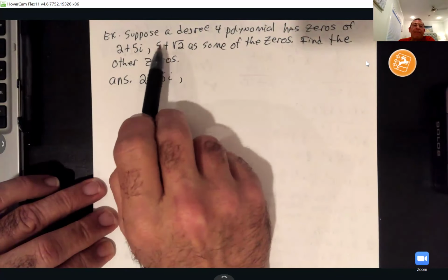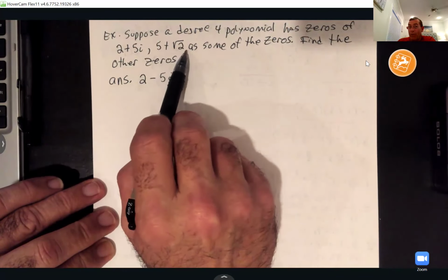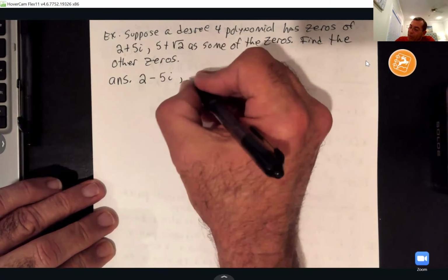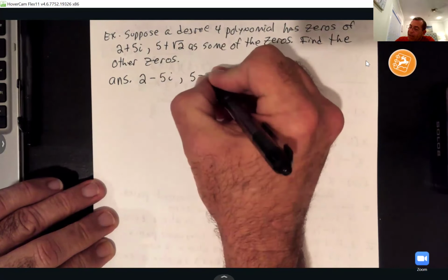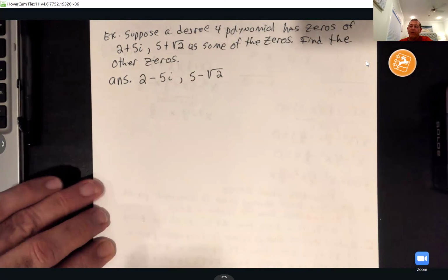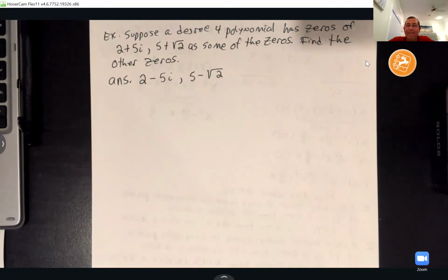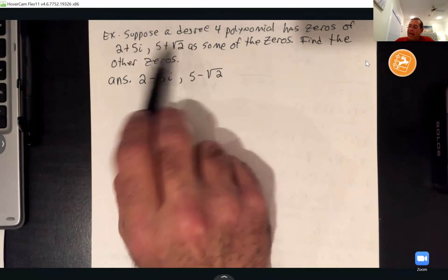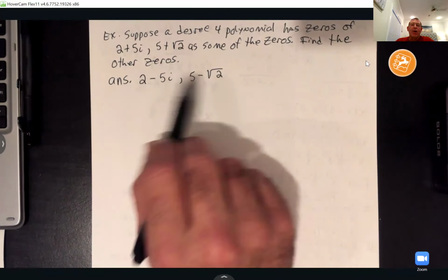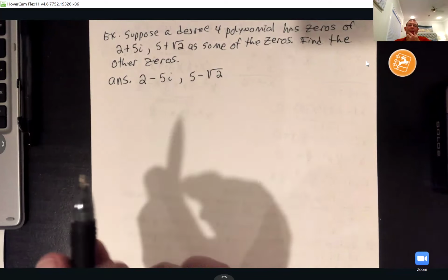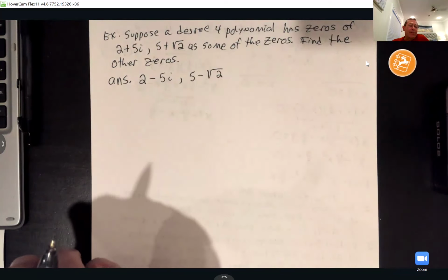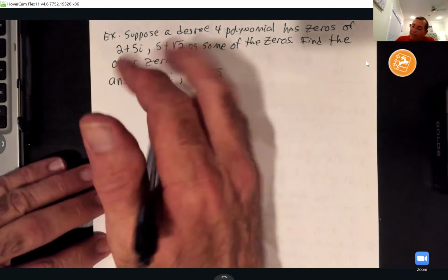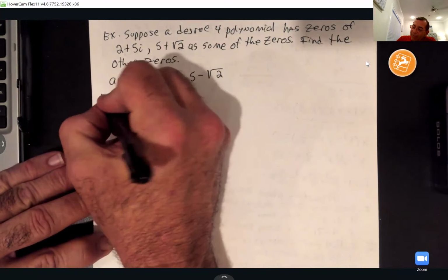And y'all right here, you got a 5 plus square root of 2. So the other one will be a 5 minus square root of 2. Okay? So if they give me i's and radicals, then I got to know where to put them, okay? So do you want to see why you learned this stuff so that you can do a problem?